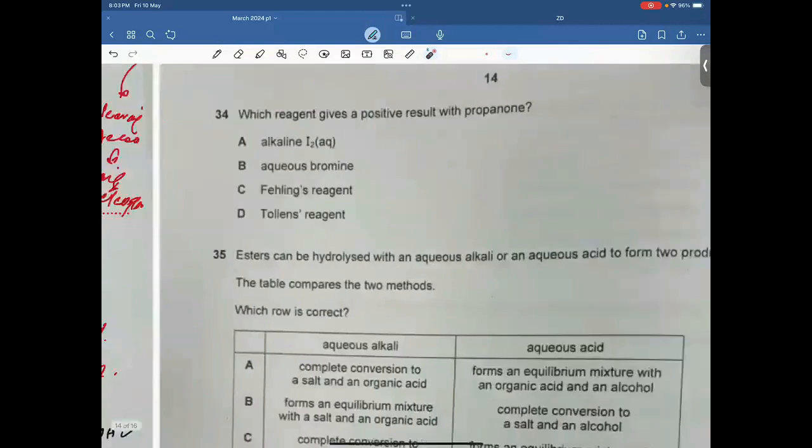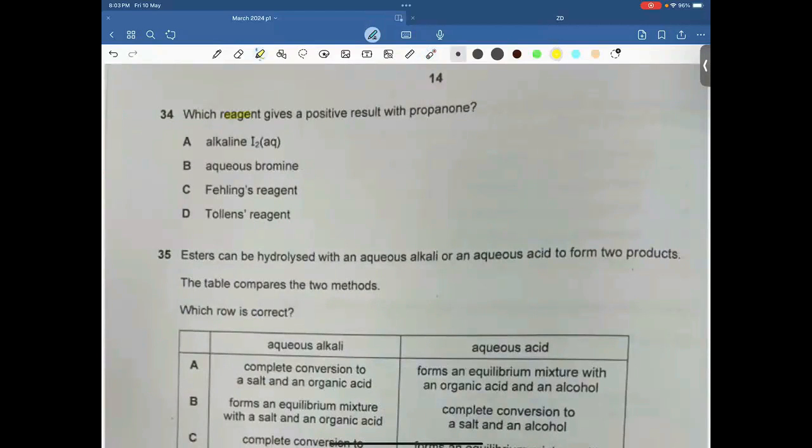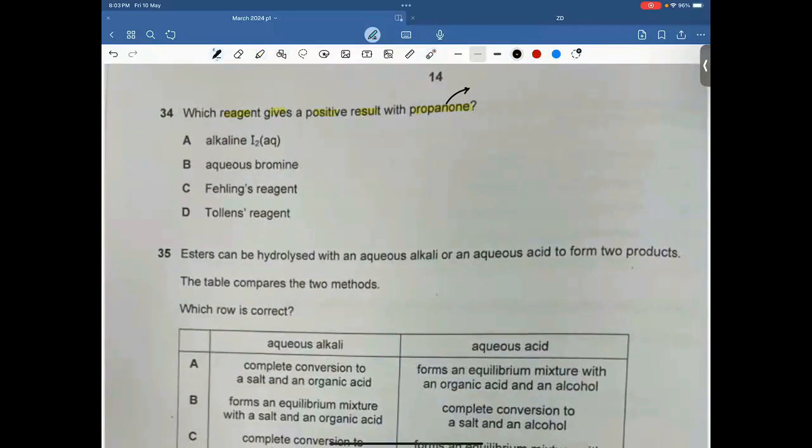Okay, let's move on to question number 34. Which reagent gives a positive result with propanone? Propanone is a ketone. A ketone gives a positive 2,4-DNPH test. Cannot oxidize. Oh, hold on a second.